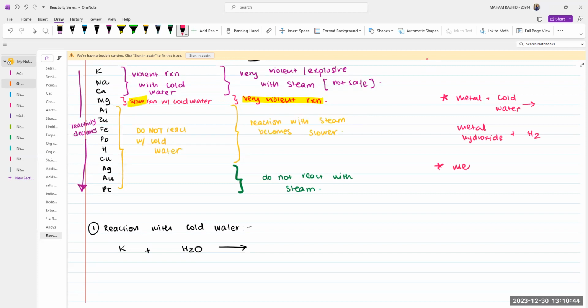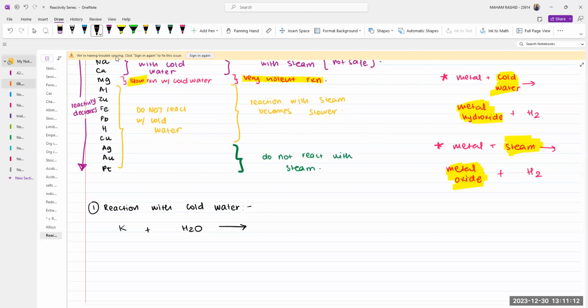And metal plus steam will give you the corresponding metal oxide and hydrogen. So with cold water, you get metal hydroxide, and with steam, you get metal oxide, right?